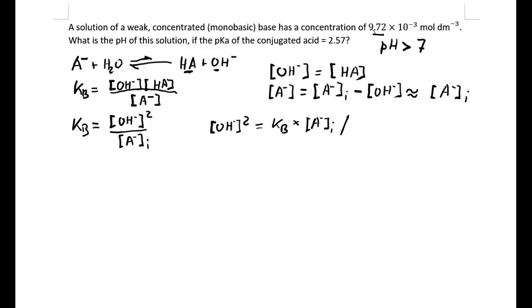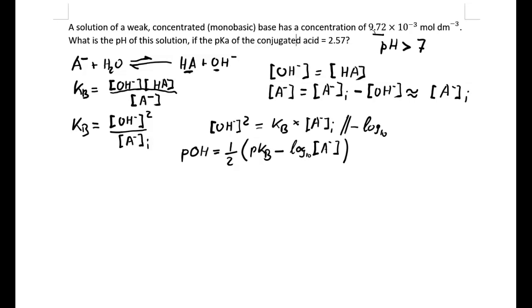Well, we can take the negative log to the base of 10 of both sides, and with a little bit of simplification we would get the equation pOH equals 1/2 of pKb minus log to the base of 10 of the base concentration.